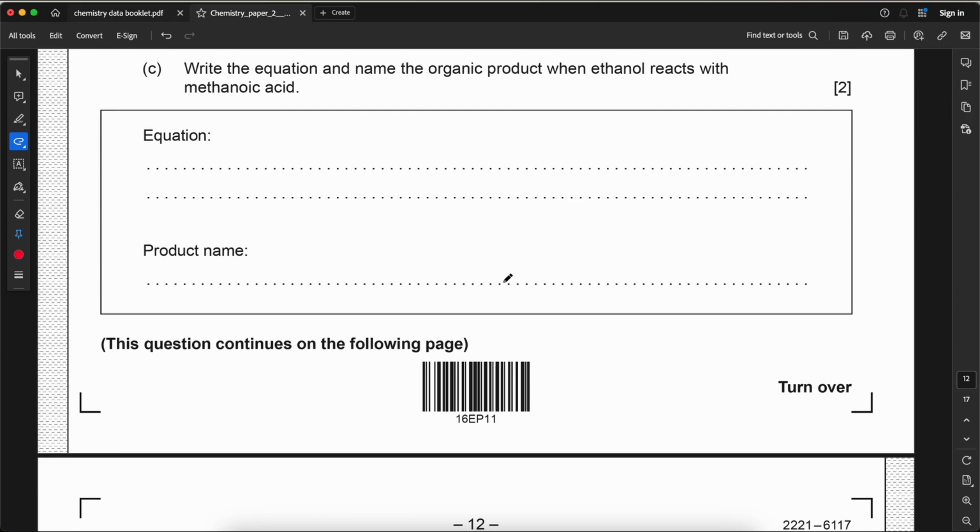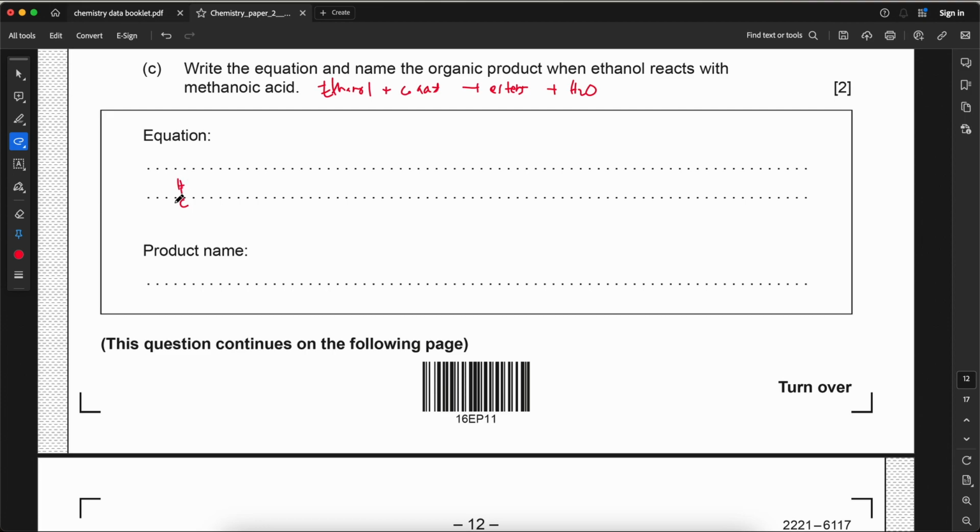Write the equation and name the organic product when ethanol reacts with methanoic acid. When ethanol reacts with a carboxylic acid or methanoic acid, it will produce an ester and water. Okay, so let's draw the Lewis structure.